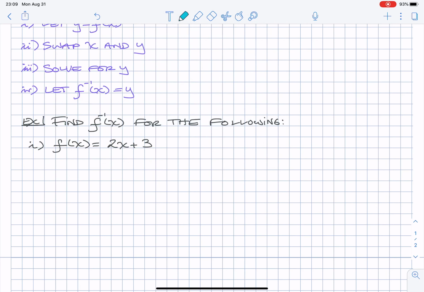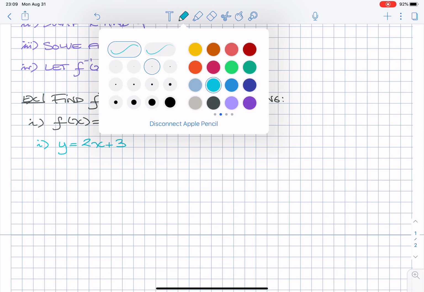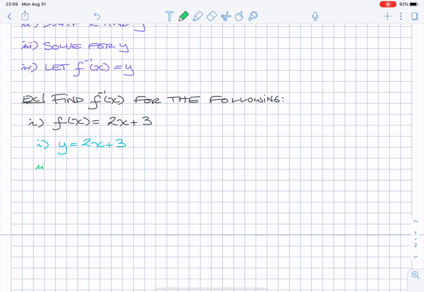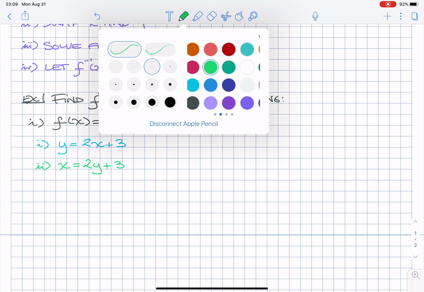Okay, so step 1, we want to let y be 2x plus 3. So I'm replacing f of x with y. Step 2, we swap x and y. So we get x is equal to 2y plus 3. Notice I've just swapped x and y.